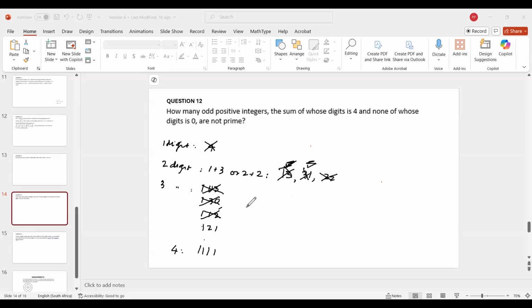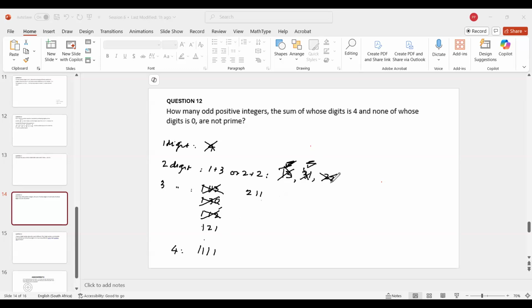Oh, yeah. We also have 2, 1, 1. I could have had numbers starting with 2. You can't start with 3 because for 3-digit numbers, you can't have 3, 0, 1. You're not allowed to put a 0.